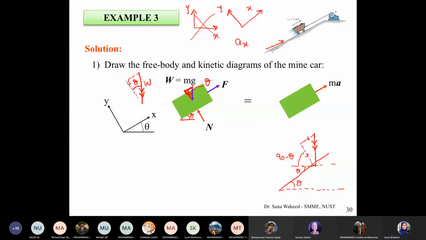Then what is this angle? Theta. One second. 90 minus theta, right? Because this was 90 minus theta and this whole thing is a right angle. So this is of course equal to theta. And that's why the inner angle of this triangle at the bottom corner is equal to theta.